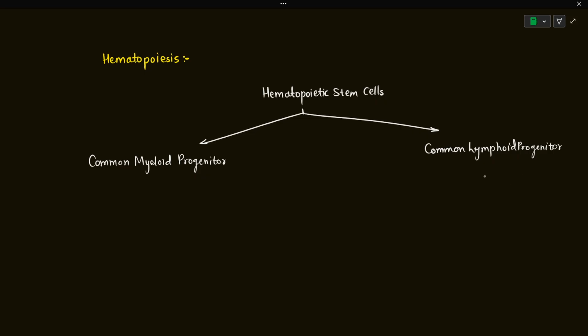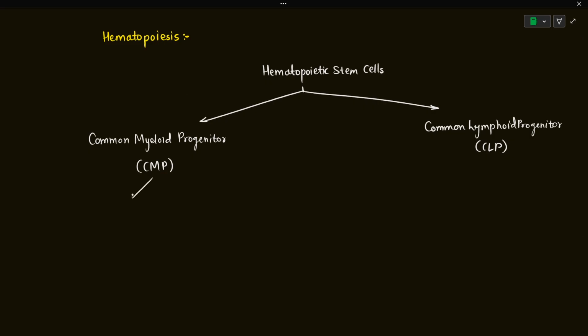Okay, so this is CMP and this is CLP. The CMP is going to give rise to the erythroid progenitor and the myeloid progenitor, where the erythroid progenitor is going to give rise to RBCs, the red blood cells, which are also referred to as erythrocytes.